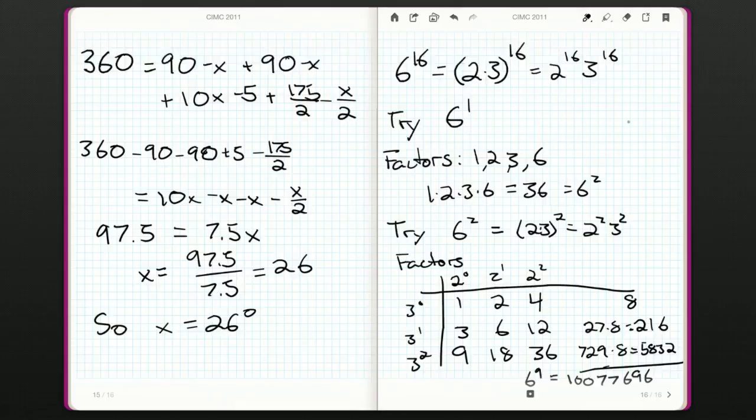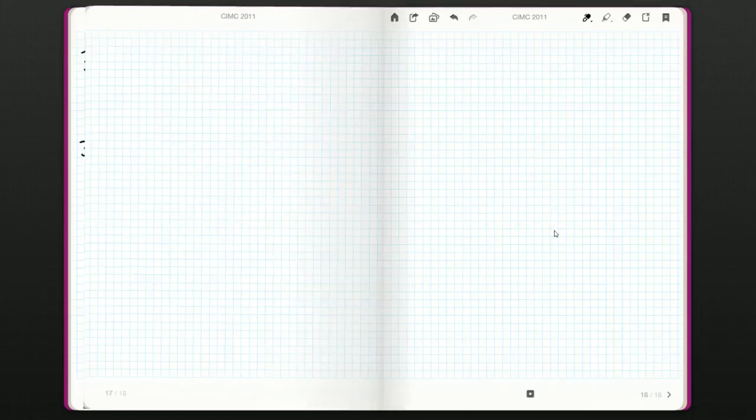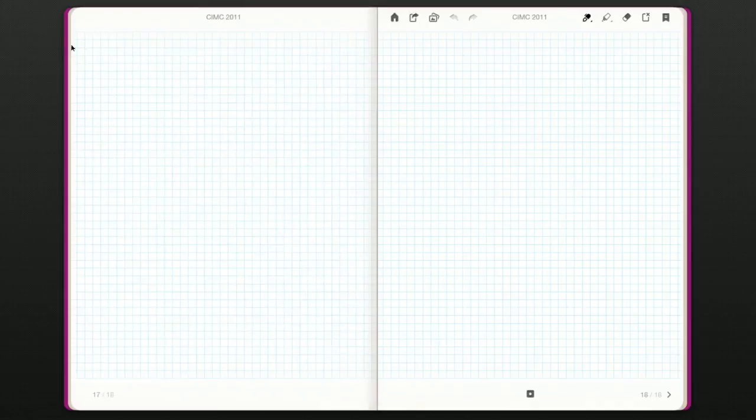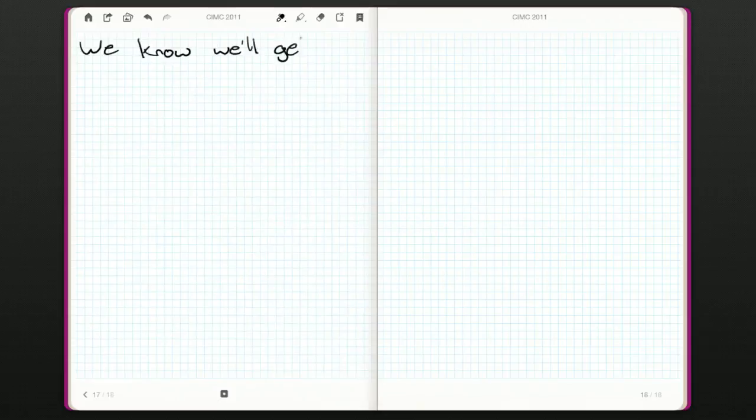If we wanted, so we know it's going to be something like 6 to the k, right? And what is the prime factorization of the 6 to the k?